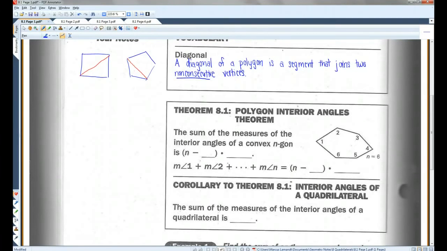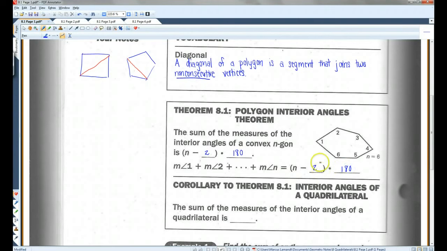Alright, theorem 8.1, polygon interior angles. The sum of the measures of the interior angles of a convex n-gon, note that this is only for convex n-gons, is n minus 2 times 180. So if you were to add up all the angles inside any polygon, the sum would be the number of sides minus 2 times 180.